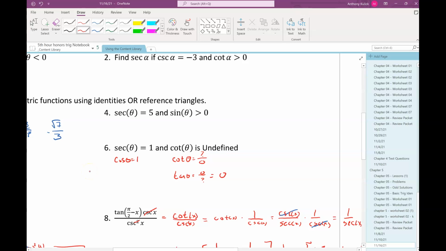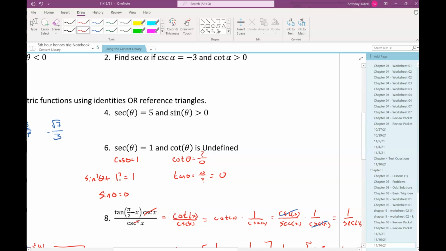So if I use the Pythagorean theorem then, I know that sine squared plus cosine squared has to equal 1. That just tells me sine is 0 then. I don't need the plus or minus because sine squared is 0 also.